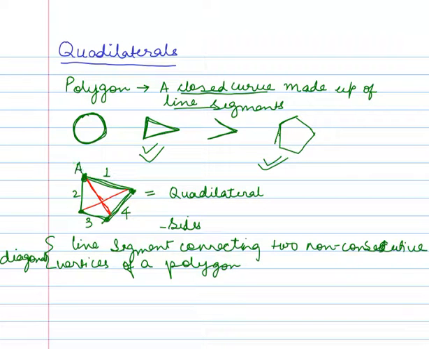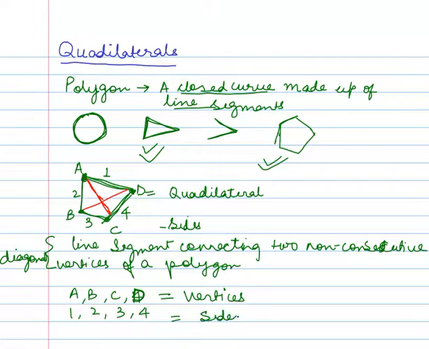Let us rename A, B, C and D. So A, B, C and D are the four vertices of a polygon. These are called the vertices of a polygon. 1, 2, 3, 4 are called the sides of the polygon, AB, BC, CD and DA. Over here 1, 2, 3, 4 are the sides. A, B, C, D are the vertices of the polygon.